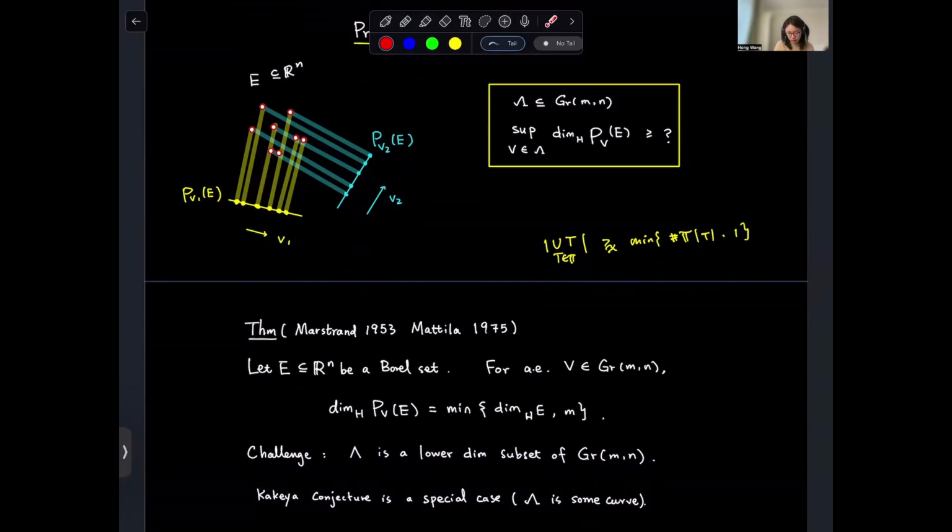And the Kakeya set conjecture is a special case where Lambda is some special curve.